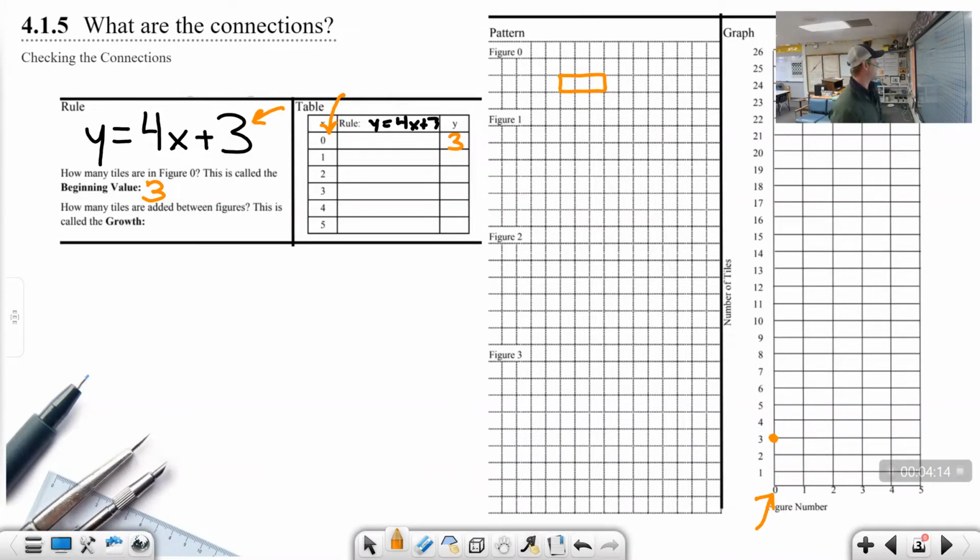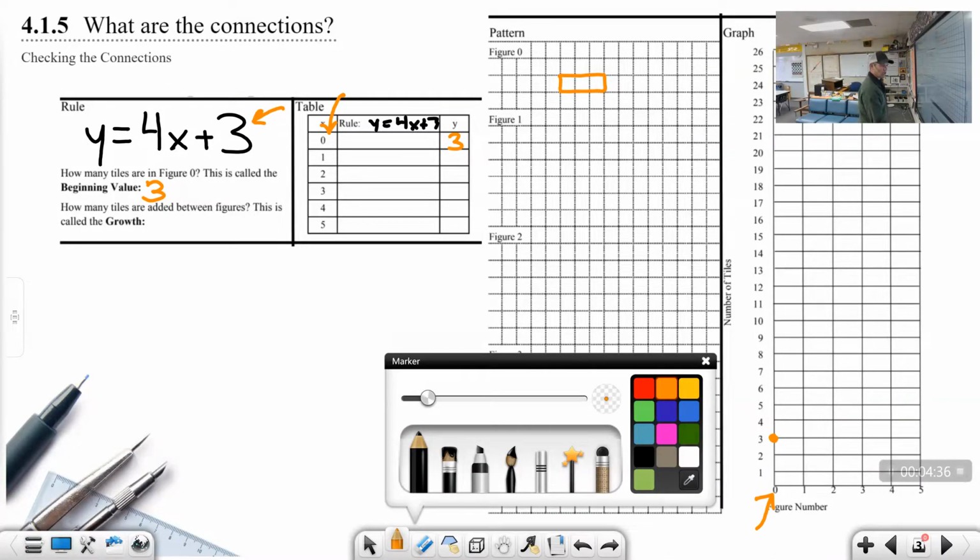I need you to recognize that this 3 is this 3, is this 3, is this 3, is this 3. That is crucial to your understanding. Now, I have completed the beginning value.